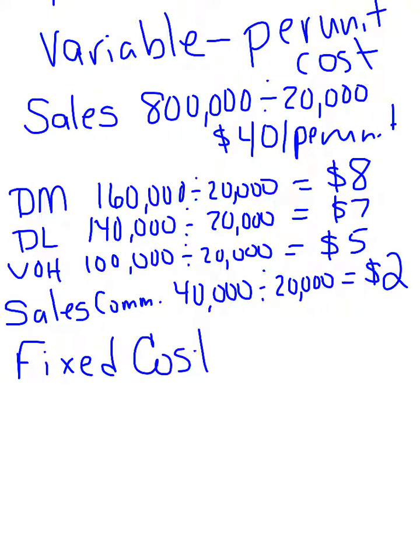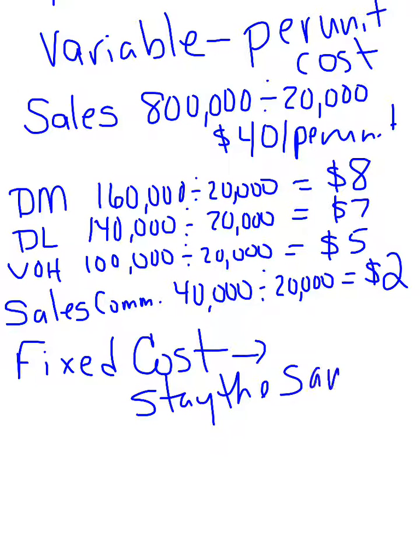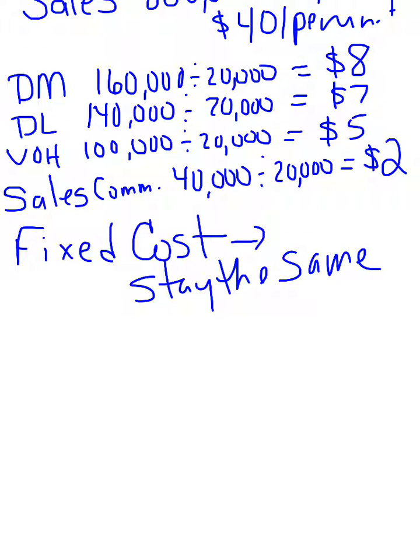When we look at this information, let me grab my calculator real quick. For sales, we have 800,000. We divide it by the 20,000, and that gives us $40. For direct materials, we have 160,000.